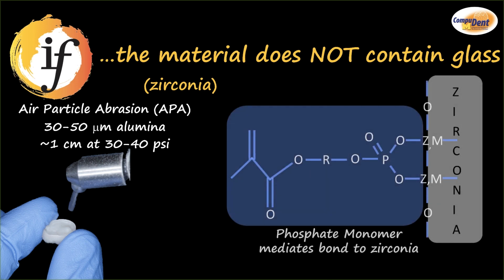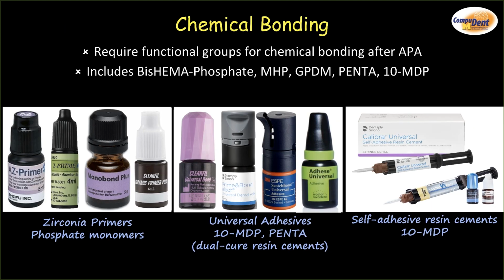And then you need a phosphate monomer, because a phosphate monomer mediates the bond between the zirconia and the resin cement. Now the question is, what phosphate monomer should I use to bond zirconia? Well, you have three choices. Chemically, they're essentially the same, but you have three delivery mechanisms.